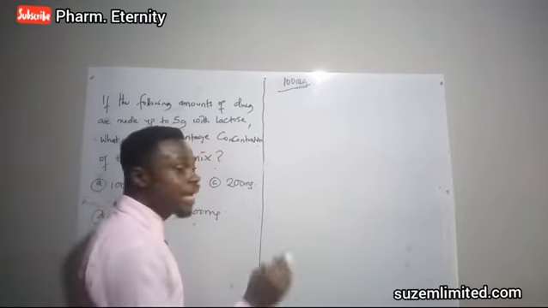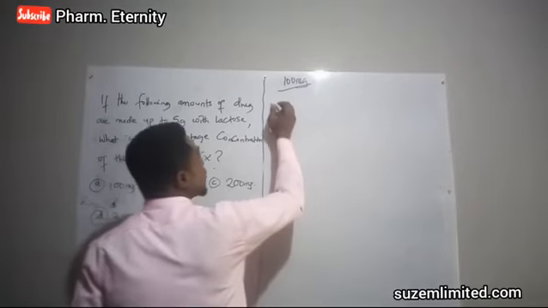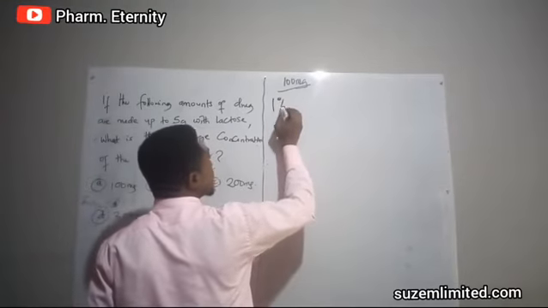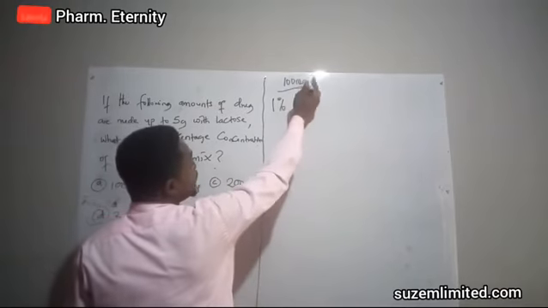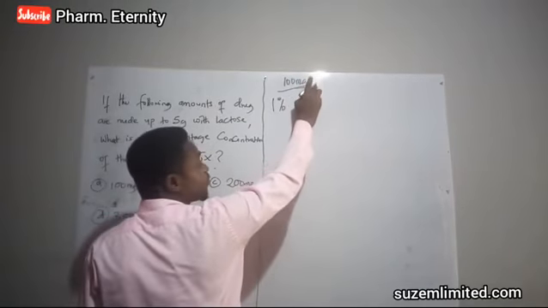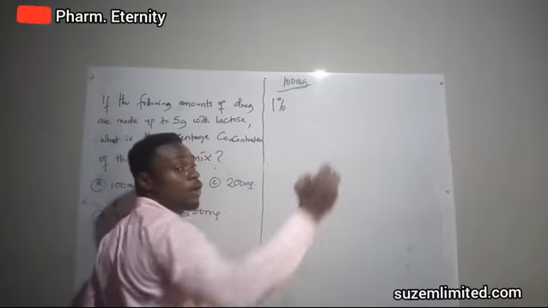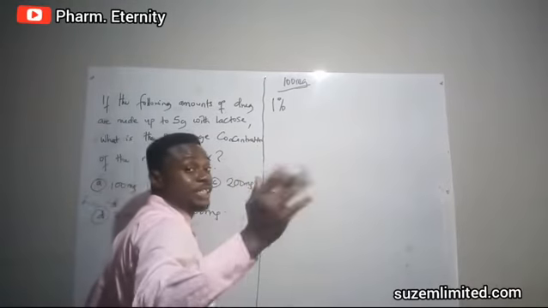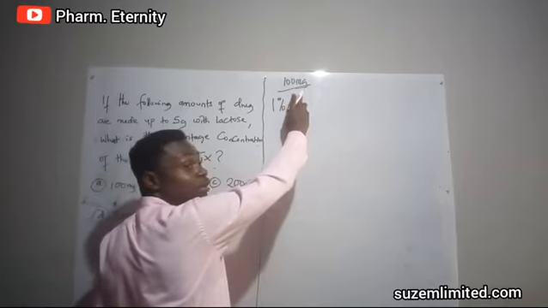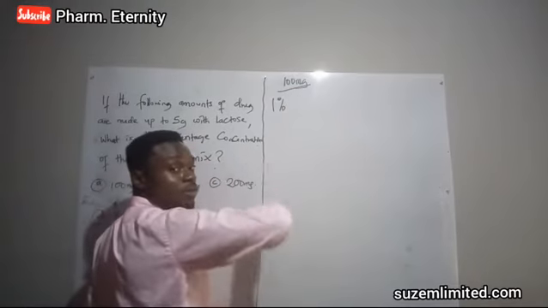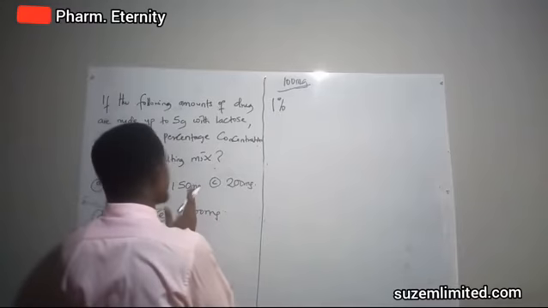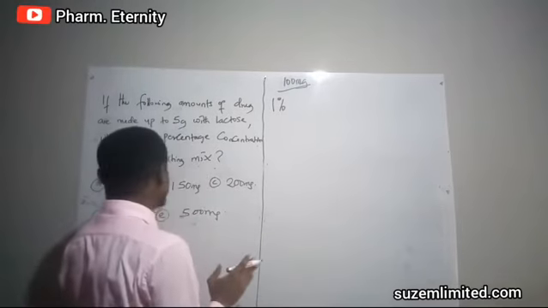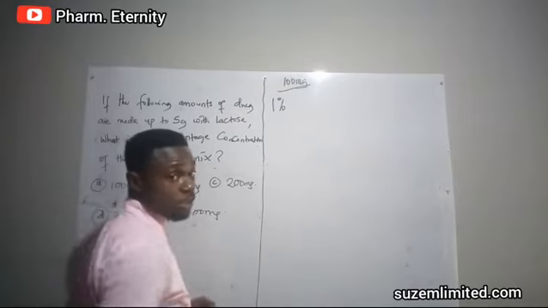So what it implies is that, as for what we have here, the amount of ingredients is in milligram, so we convert everything to milligram. We can still convert everything to gram, but let's work with milligram.